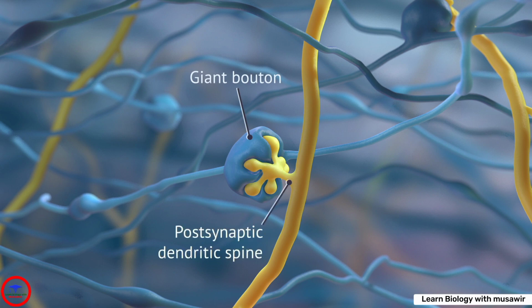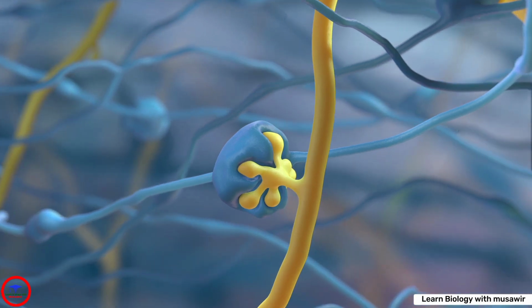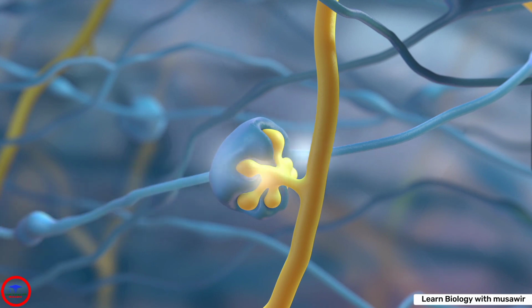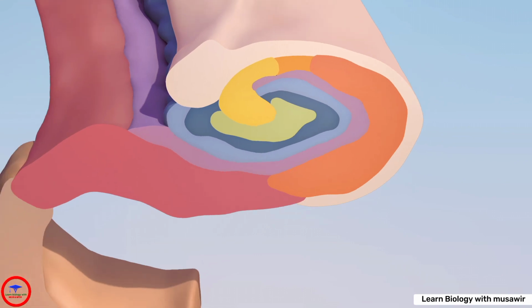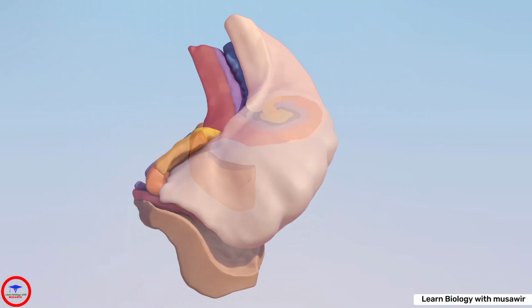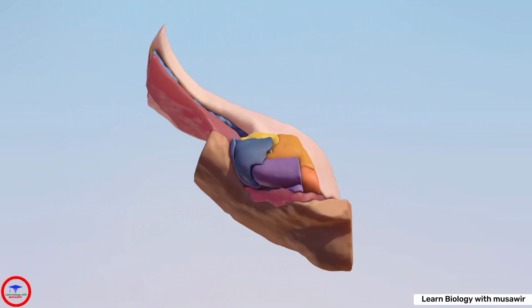Postsynaptic dendritic spines of CA3 neurons are also large with many branches. The dentate gyrus to CA3 synapse is one of the largest and most powerful in the brain. Specialized hippocampal synapses like these play major roles in learning and memory.